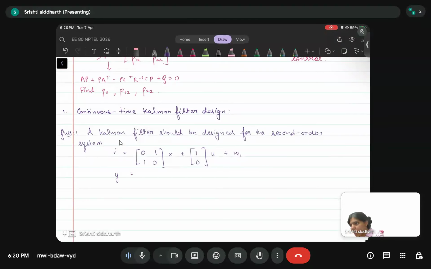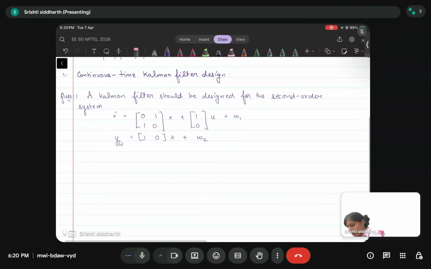And then we have y equals [1, 0] x plus w2. This is the output noise. Where w1 and w2 are uncorrelated white noise processes.